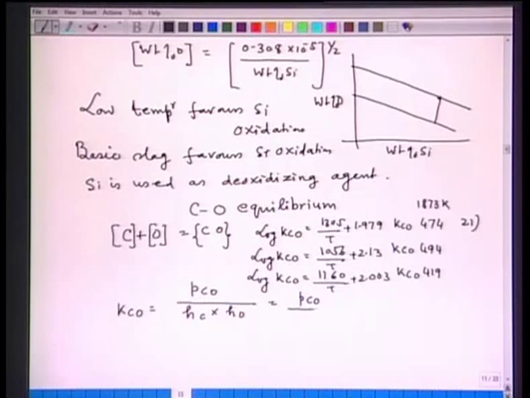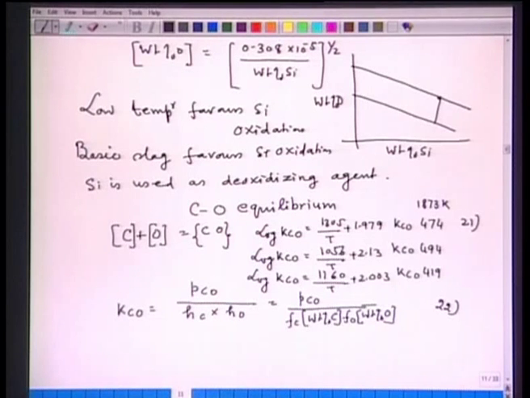So, accordingly, I will write PCO upon fC into weight percent carbon, fO into weight percent oxygen, and let us call this equation 22.